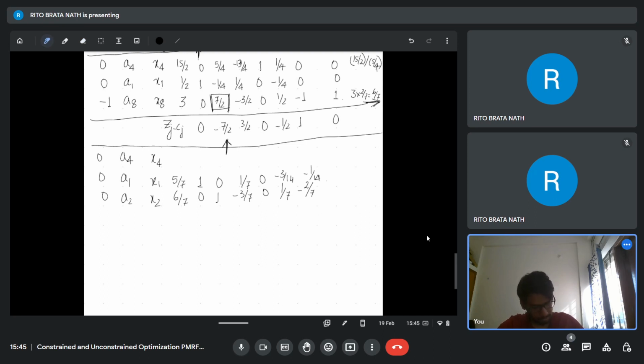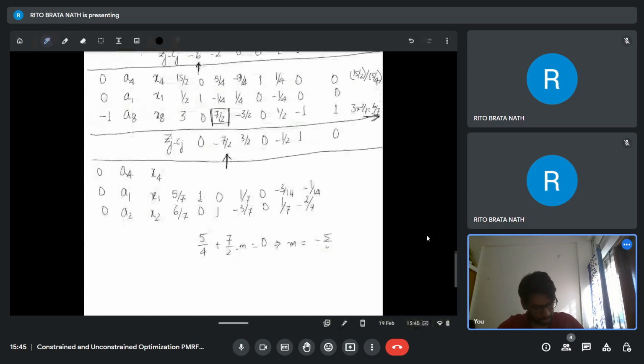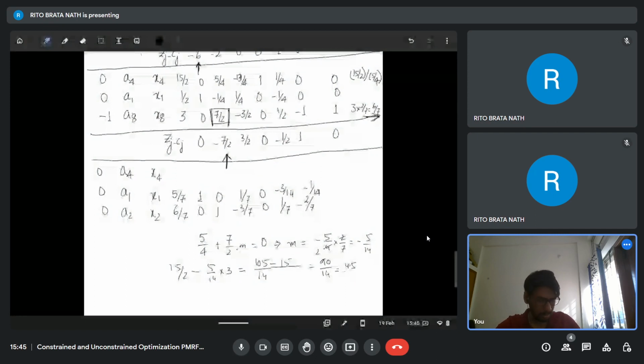So m is nothing but minus 5 by 4 into 2 by 7. That's minus 5 by 14. So you have to multiply this by 14, so multiply this by 7 minus, so that's 90 by 14. So that's 45 by 7. Yeah, so this one will be 45 by 7.